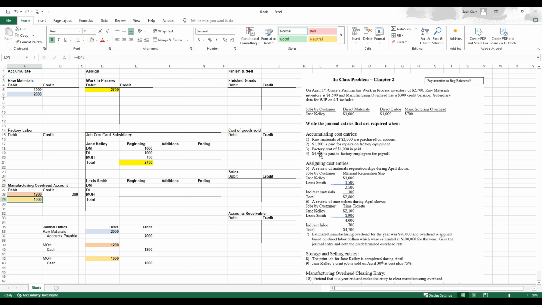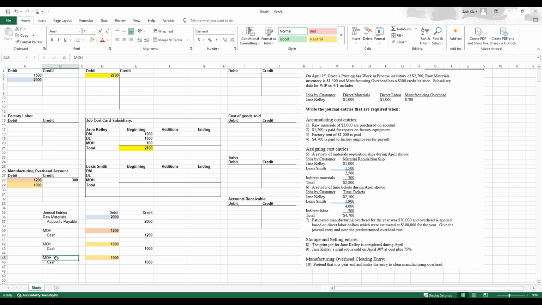That last entry is $4,700 paid to factory employees for payroll. So we're going to do a couple entries for that. The first one we're going to do is factory payroll, and its expense is what this account is representing. And I'm just going to put cash just to have it there. The credit doesn't matter.